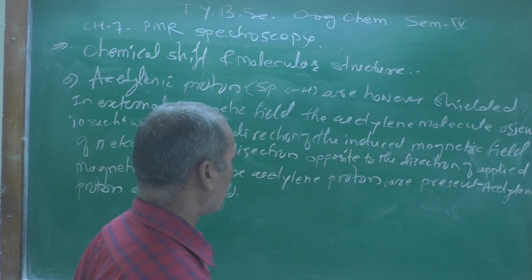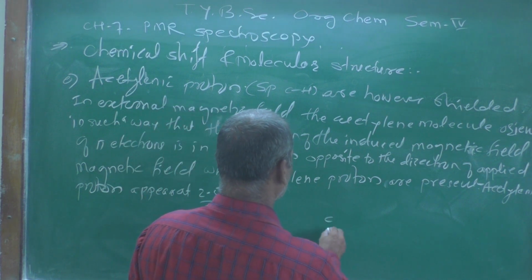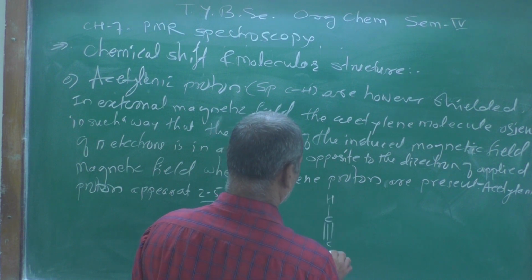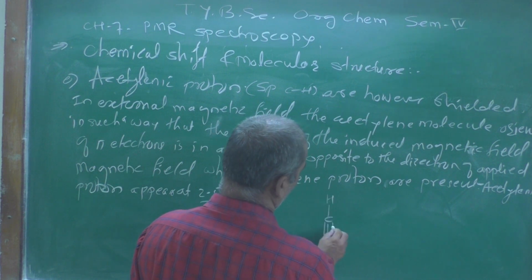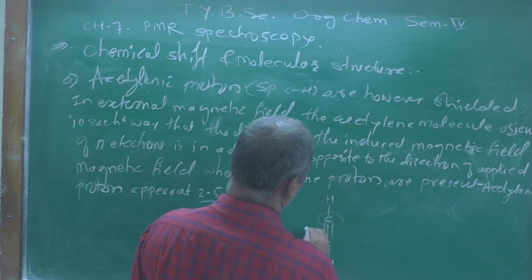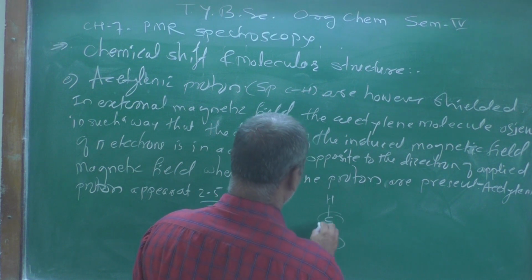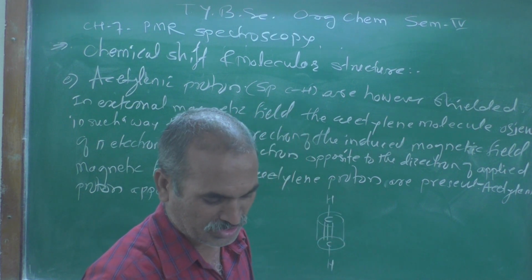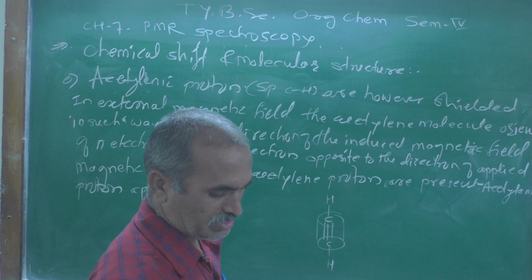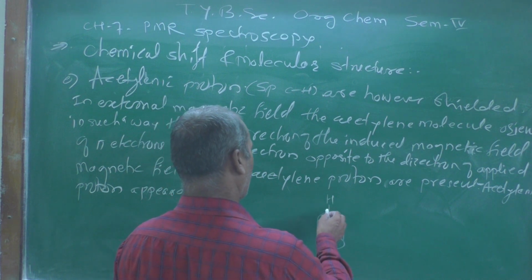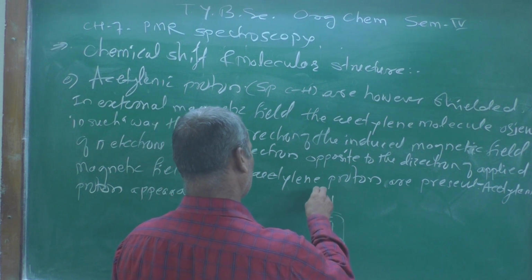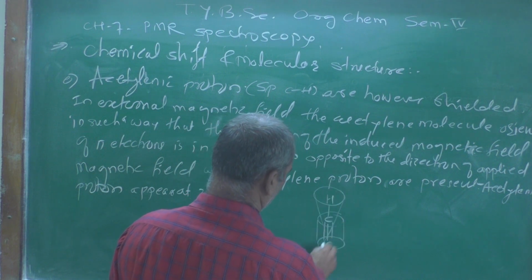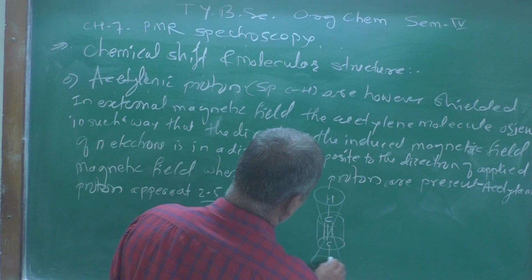Now let us see here, this is a carbon-carbon triple bond. I am drawing the structure of the acetylenic proton. Due to these three bonds, there is a circle, what we can call a cylinder, generated, and these protons fall in the shielding zone.